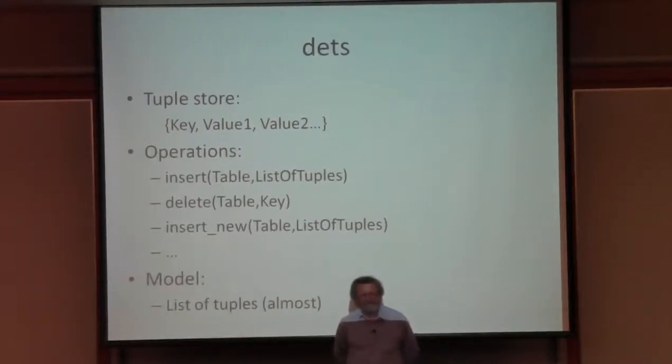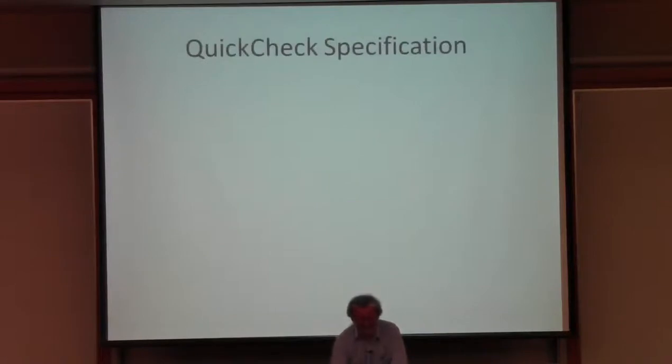It's very easy to model this with a simple, purely functional program. I can almost just use a list of tuples to represent what I think should be in the table. And then modeling insert, you just append the new tuples to the ones you've already got. Modeling delete, you can write a list comprehension that just removes the ones with that key. So the specification, the model, is very, very simple.